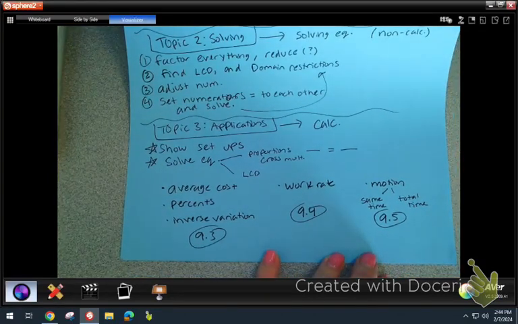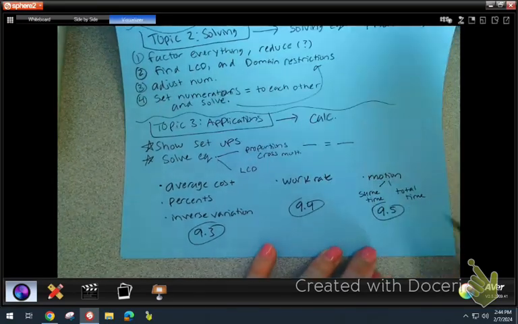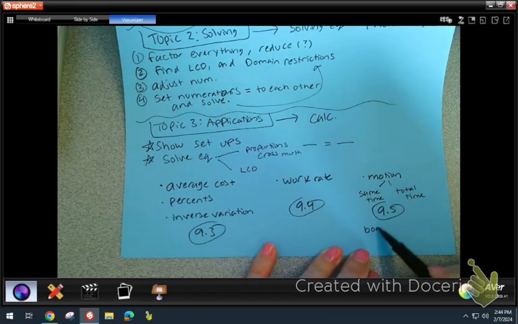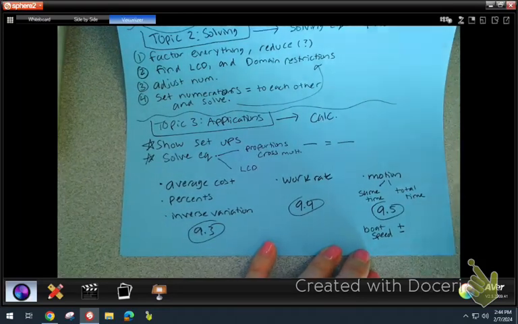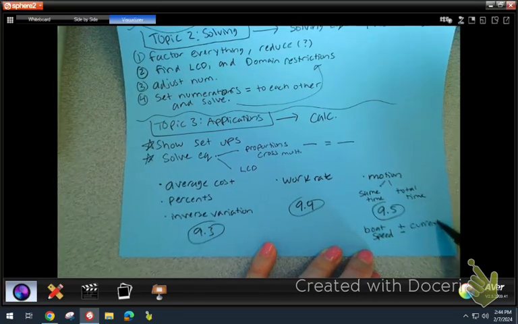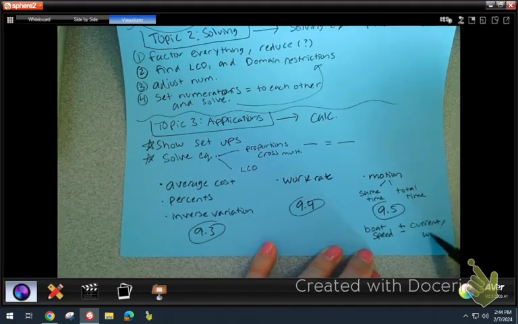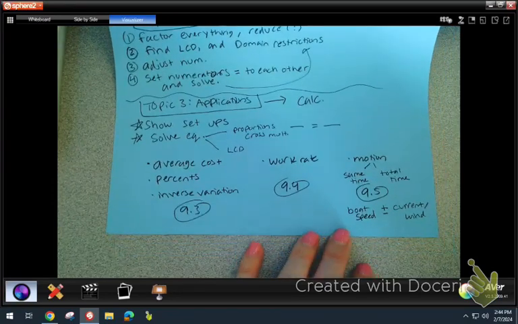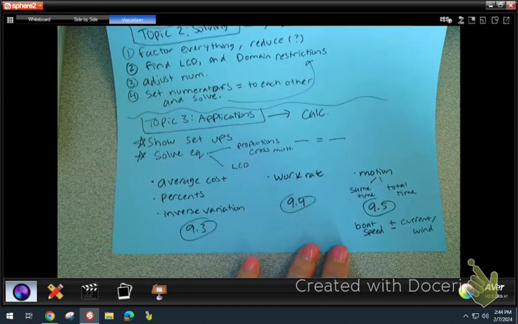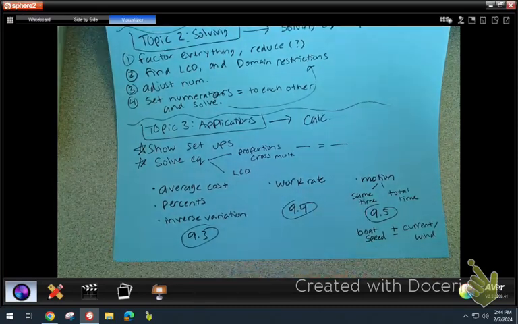And the good old river problem or airplane problem or whatever, what's the little phrase that I want you to write down? Boat speed, or this could be airplane speed or person speed if you're swimming, plus or minus current. If it's an airplane problem, it would say wind. But yeah, that's how you set them up. What are the different wind types?